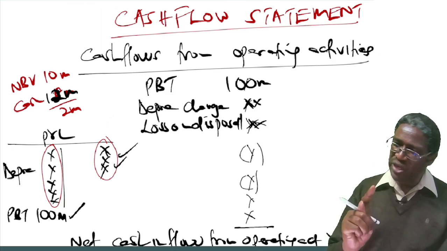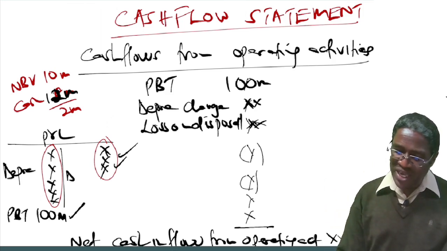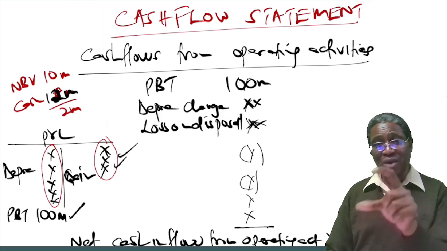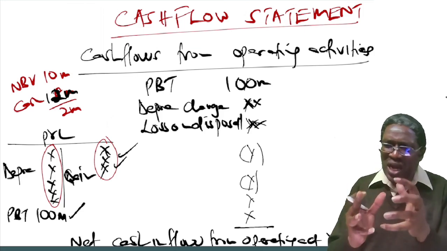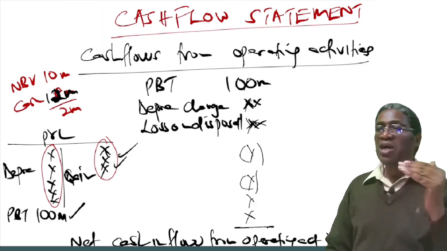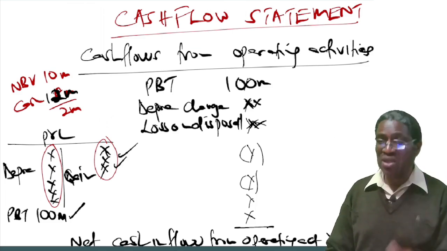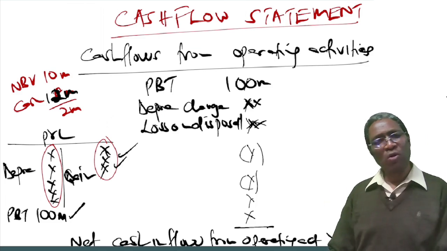That gain of 2 million, you took it to the P&L account on the credit. That is the gain on disposal. But is it an amount you received? No. What you received is 12 million, and that is what went to the cash account. But you took to the P&L account a gain on disposal of 2 million.